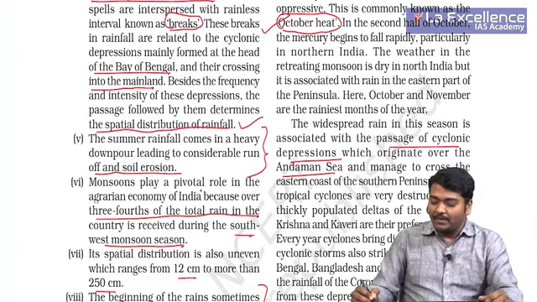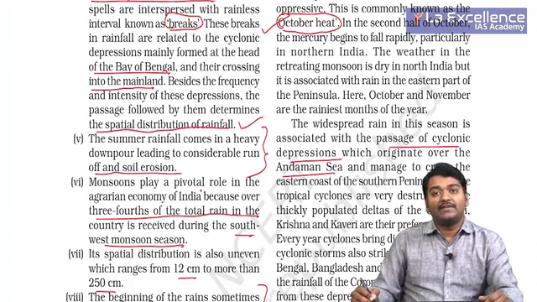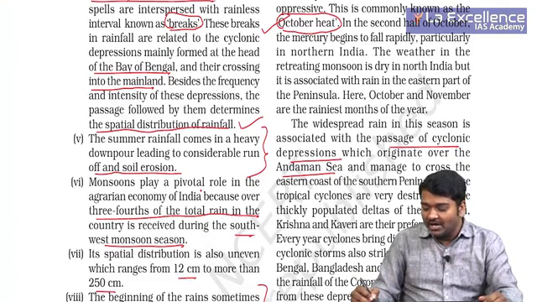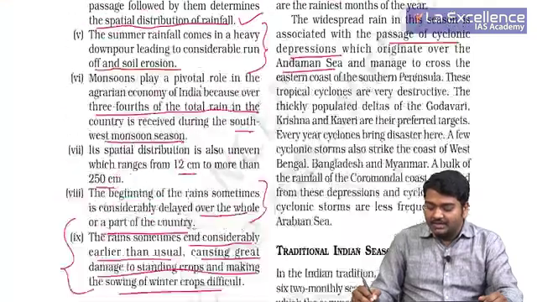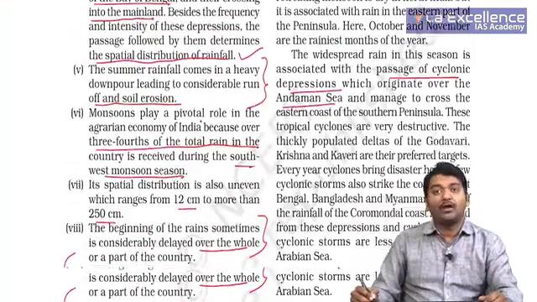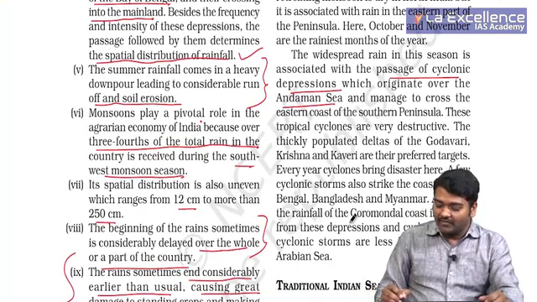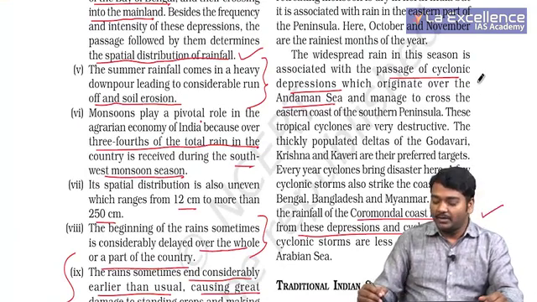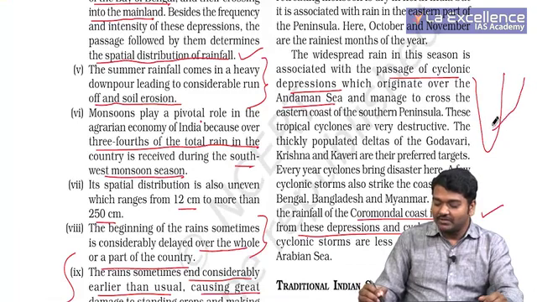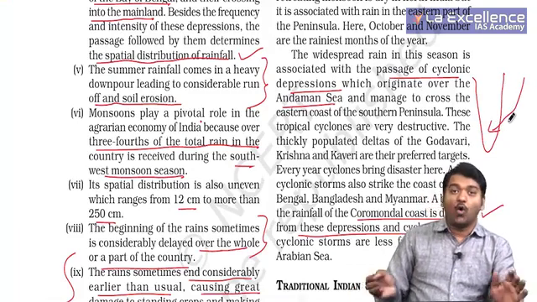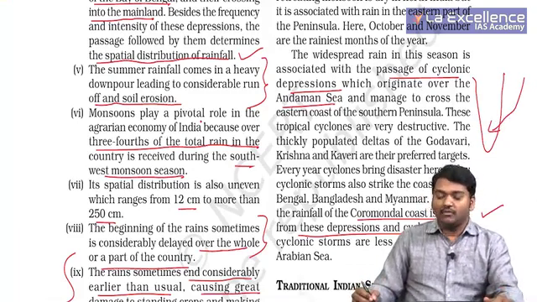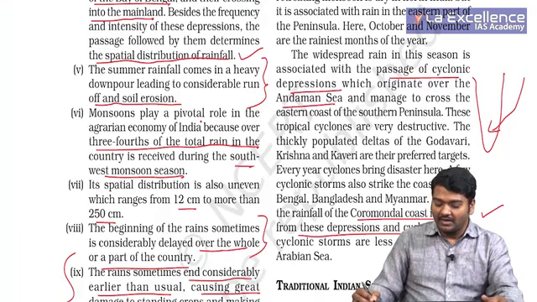The thickly populated deltas of Godavari and Krishna will usually be affected, as this brings heavy downpour and may affect the entire coast, right? A bulk of the rainfall of the Coromandel coast is actually derived from these depressions. Tamil Nadu usually gets rainfall because when the depression moves from the Bay of Bengal over Tamil Nadu, it moves from sea to land and gives heavy rainfall.